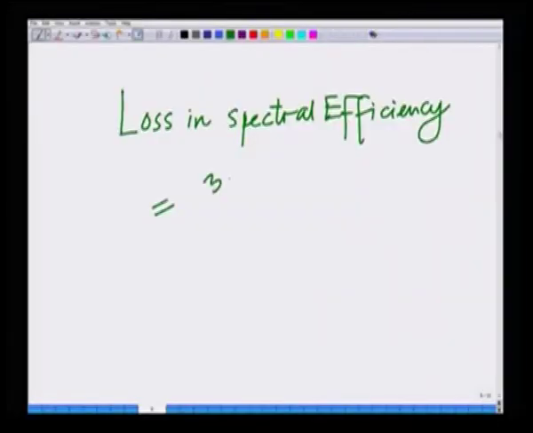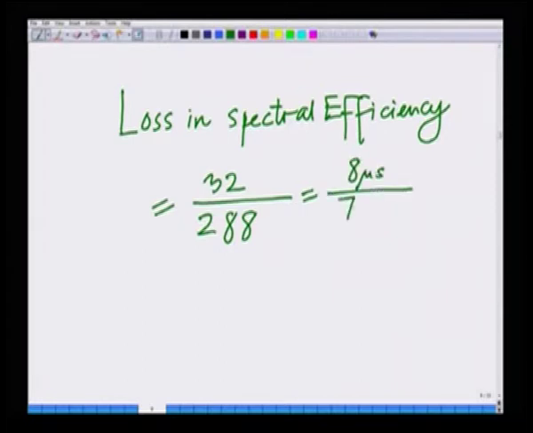That is nothing but the number of symbols in CP divided by the total number of symbols, that is 32 over 288, which is also the same as the CP duration, 8 microseconds, divided by the total OFDM symbol duration, 72 microseconds, which is essentially 11.1%.